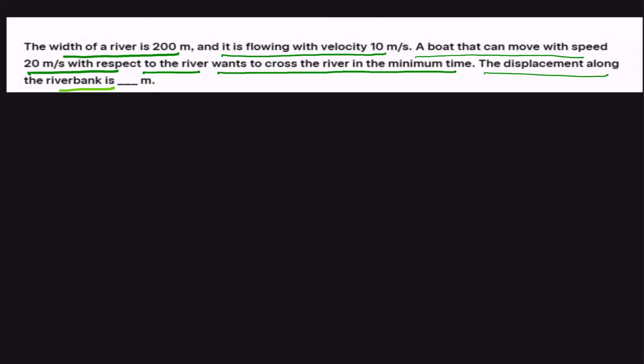In this case, we have to find out the minimum time, and minimum time means that the boat must be using the entire speed traveling perpendicular to the river flow. So if this is our river bed, and let us suppose this is given to us as D, and the river is flowing in this direction, the boat should always try to travel in this direction, perpendicular to the river flow.